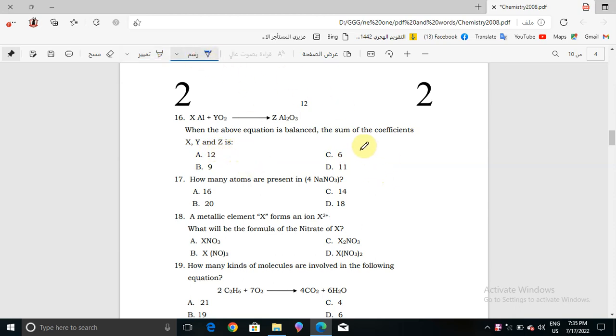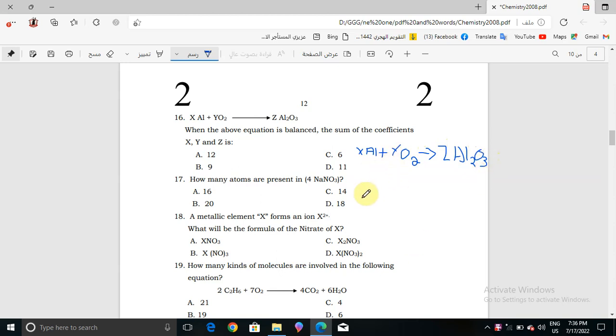Here what we will do, we have x Al, plus y O2, which is equal to Al2O3, right?